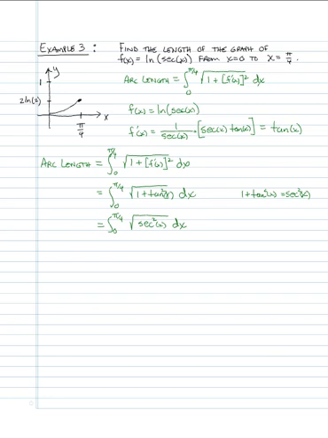Now, we have to be careful here. We get into a habit in algebra classes of thinking that the square root of a squared is always just equal to a. But this is true only if a is greater than or equal to 0.